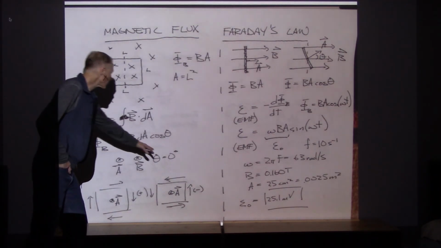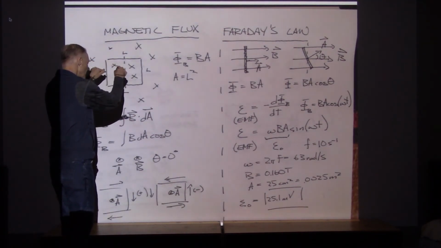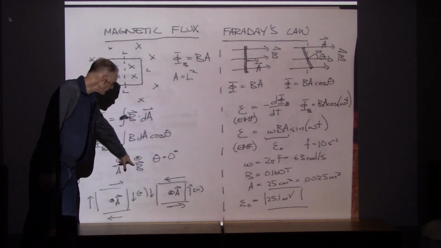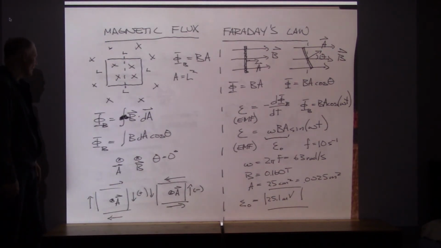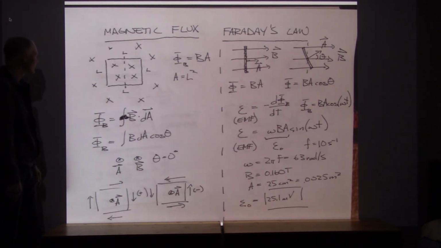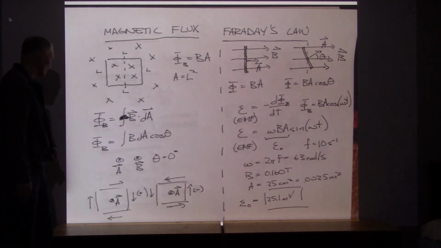And the angle between the two vectors here, area and magnetic field, into the board. So the area vector is into the board, magnetic field vector into the board, theta is equal to 0, and that says this flux then can be calculated as B times area for this situation.